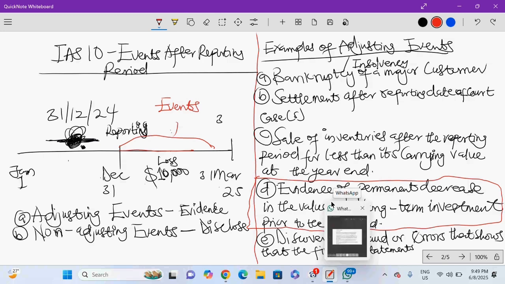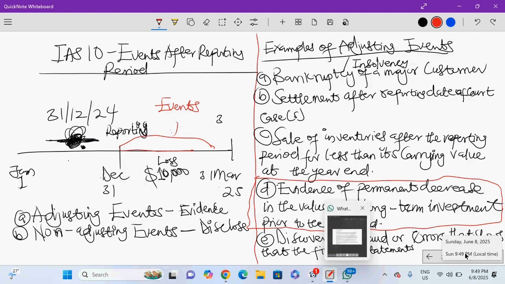So for this point, you can keep it, but we have to focus on the fact that it is a physical asset, so that it doesn't confuse you with the example we read. The example we read is not a physical asset. It's talking about having shares in another company, and the fall in the value is that the share price will fall.